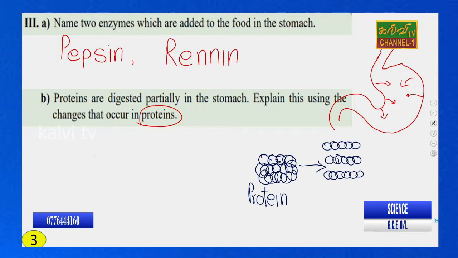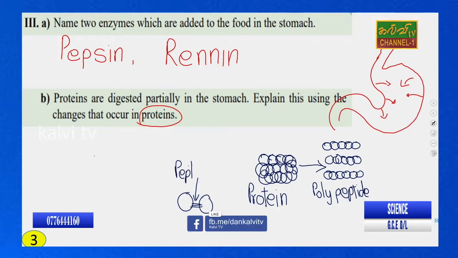The small chains can be, say, polypeptide, right? That means there are two amino acids made by a peptide bond. This is called a peptide bond, a chemical bond.